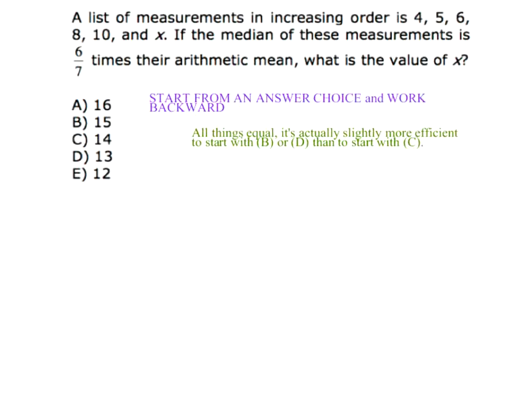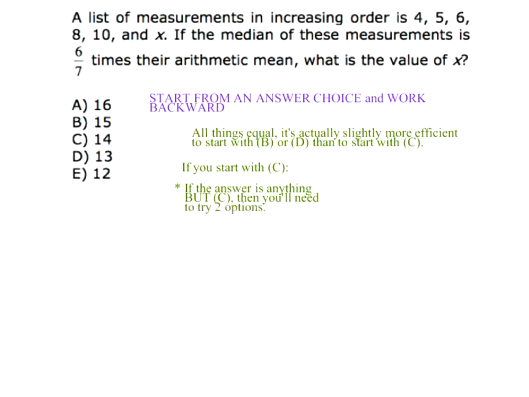But what's interesting is that if you start with B or D on these kinds of things, because the deal is, okay, let's say you chose C to start with. Let me give you a quick explanation of this statement. If you start with C, then if the answer is anything but C, you'll need to try two options.